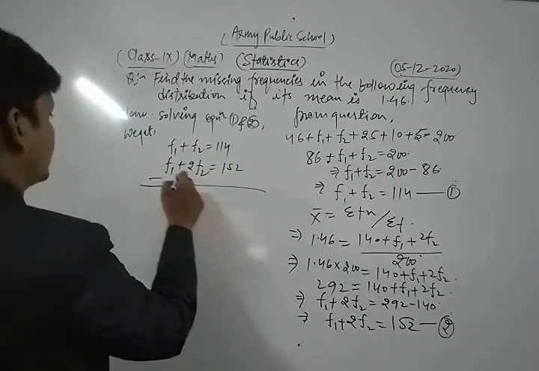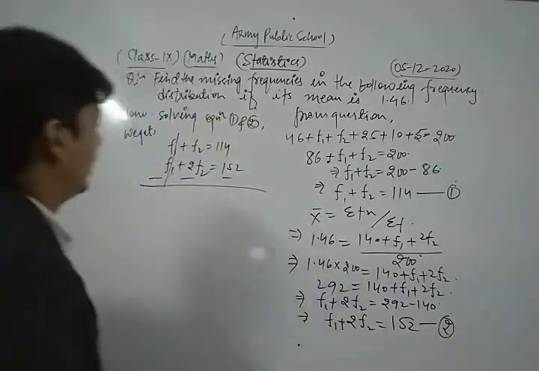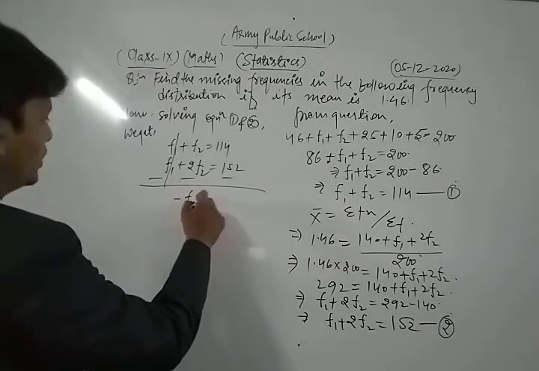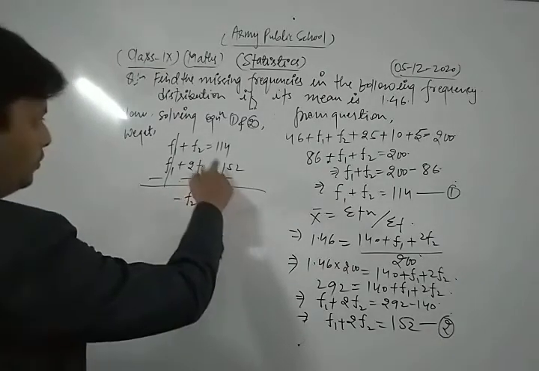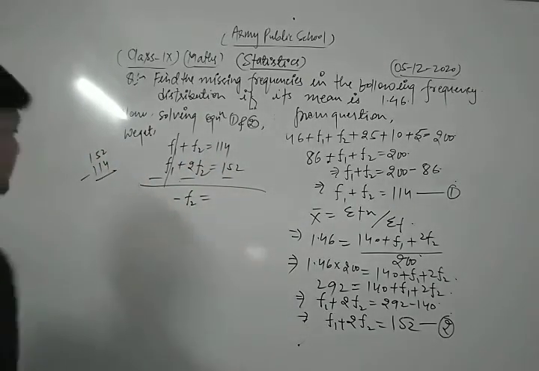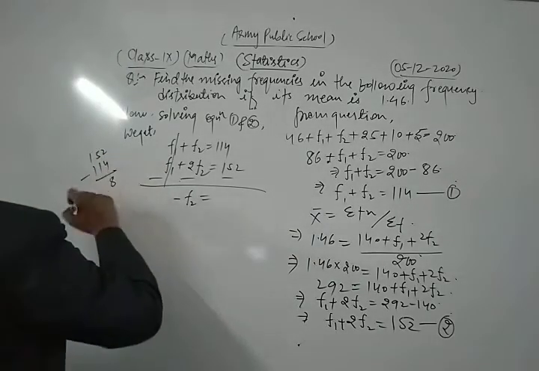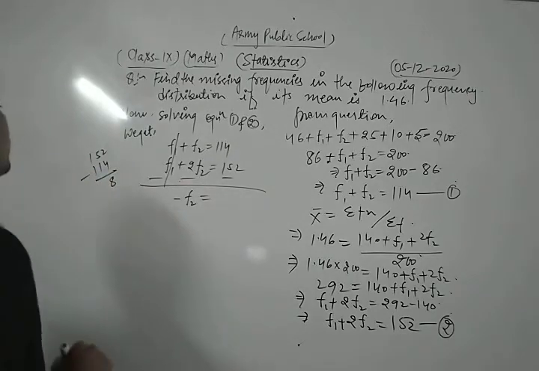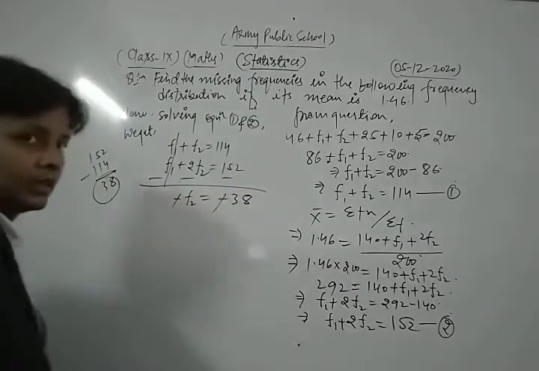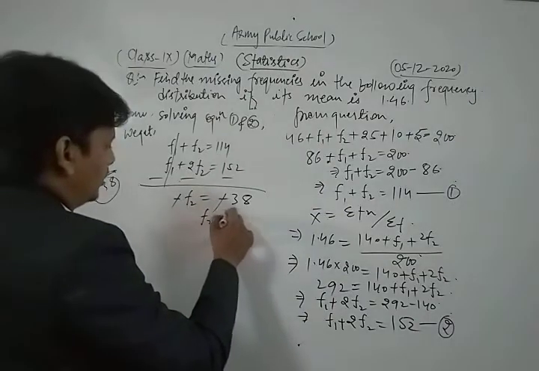Now we subtract them. The f1 cancels, and minus 2 f2 plus f2 gives minus f2, equal to minus 152 plus 114, which is minus 38. Minus signs cancel each other. Thus the value of f2 is 38.